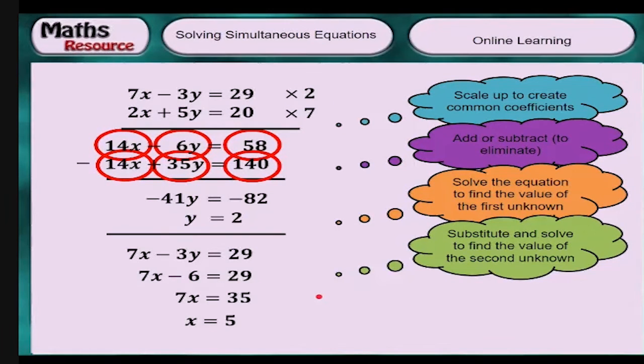Okay. Again, if I really wanted to, I could check it by using this second equation. All right. So I know x is 5, y is 2. So 2 times x, 2 times 5 is 10.